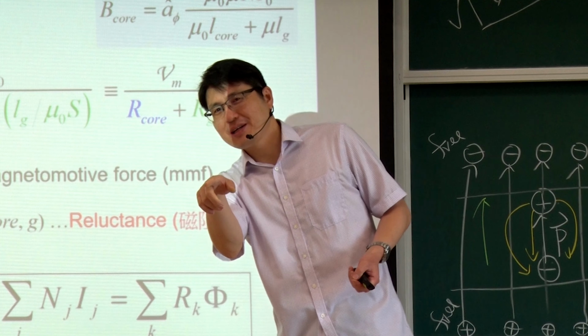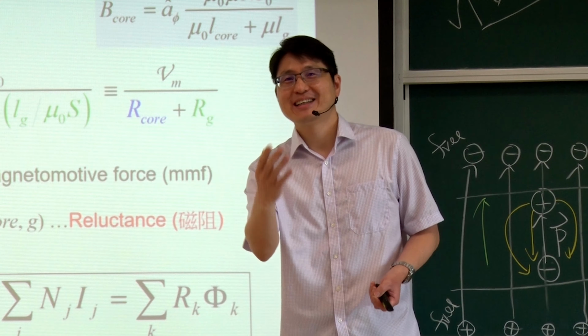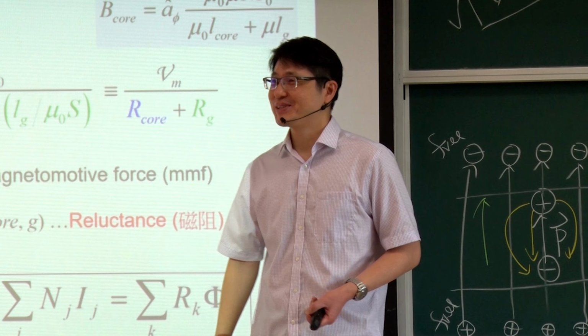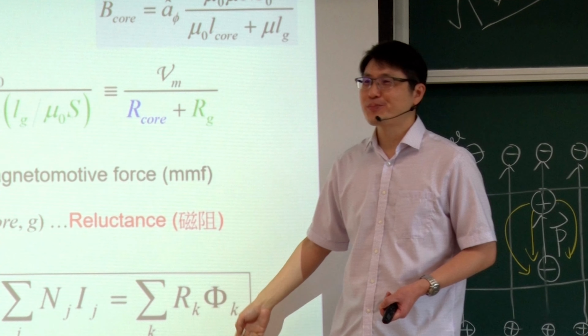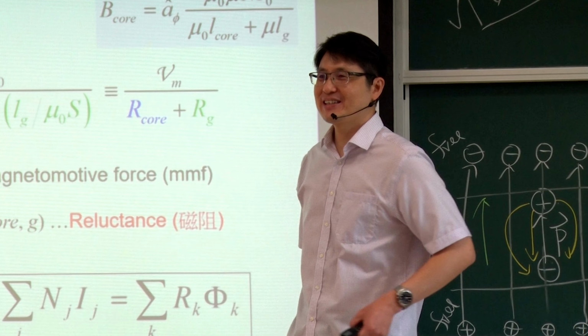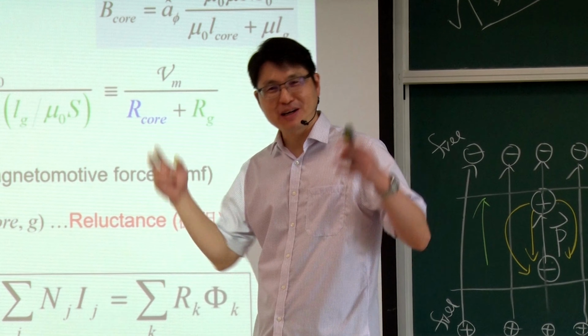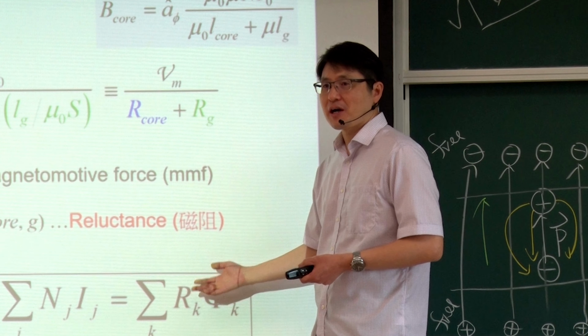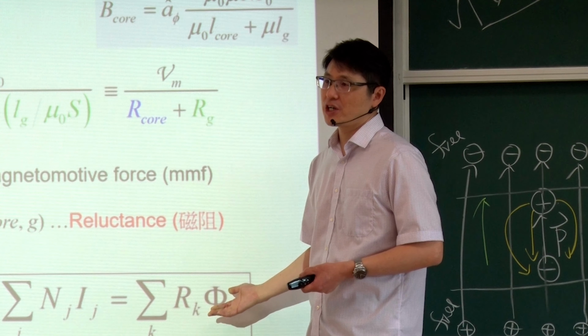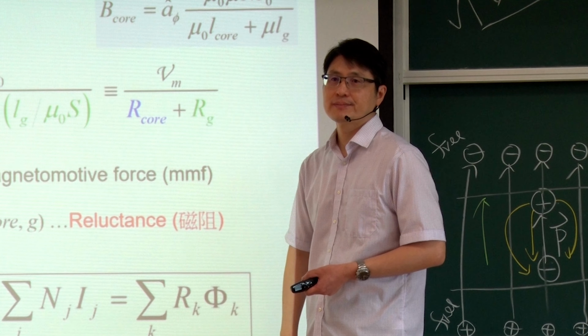I hear some answer from the back. Yeah? KVL, right. It's sad that we're born so late and we cannot coin the equation under our name, but this is the magnetic counterpart of KVL, Kirchhoff's voltage law.